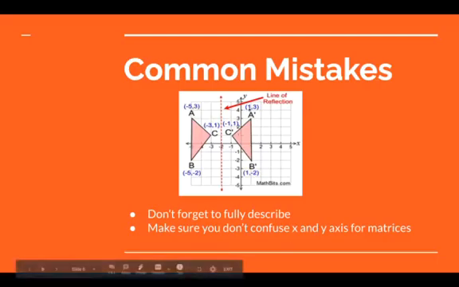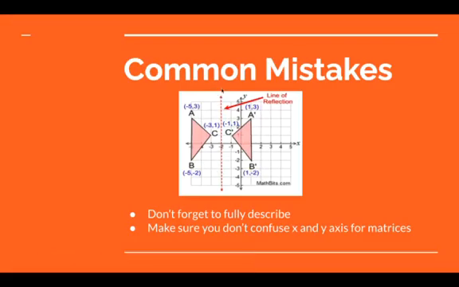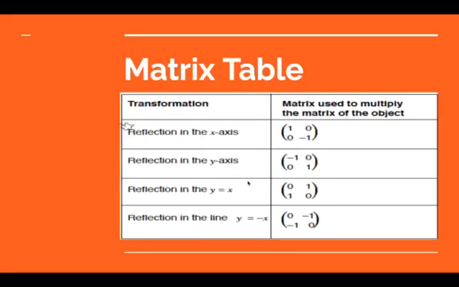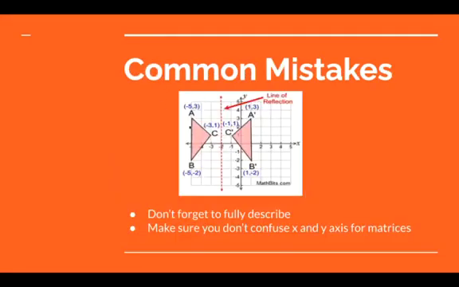In this example our mirror is along the line y is equal to minus 2. This is not the typical position you saw in the other examples. As you can see in this table, there are only 4 situations in which you can use the matrices, and y is equal to minus 2 is not one of them.